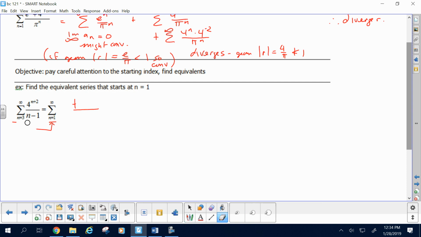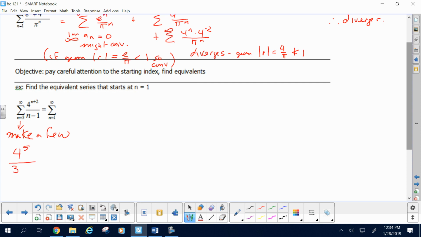But if you're not sure, it might help you to make a few terms. For example, when n equals 3 goes in, what do you get? 4 to the 5th over 3 minus 1. Don't oversimplify. 3 minus 1. All right.